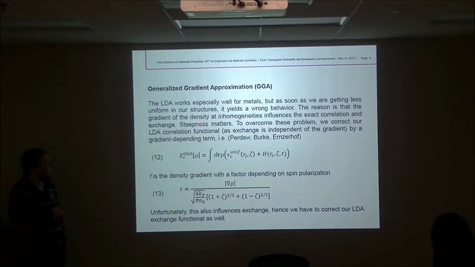So what we can do is we just correct our LDA. Exchange should be independent of the gradient. So we just need to correct the correlation with some gradient-dependent term. Here we have our uniform electron gas correlation, and then we add such a gradient-dependent part, with t not exactly the gradient, but the gradient with some spin factor. kF is the Fermi wave number.